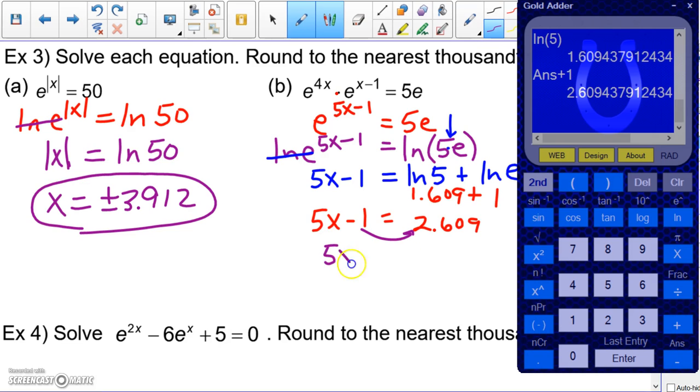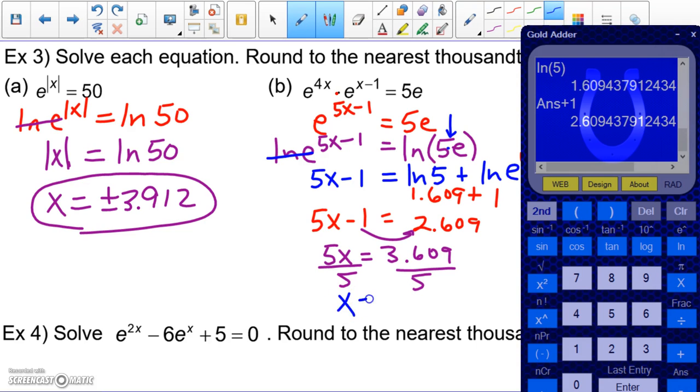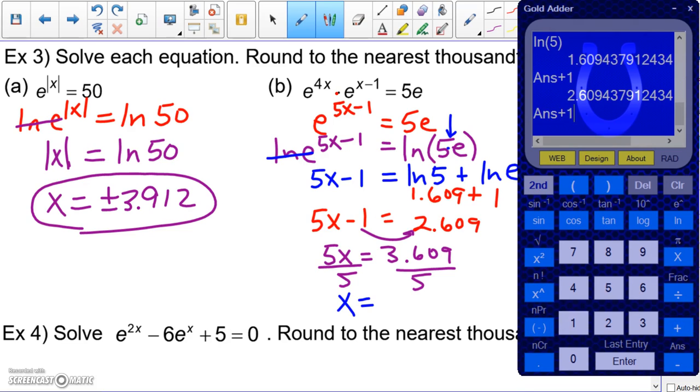Add the 1 over, divide by 5, so 3.609, and I'm leaving this in the calculator so I don't have to round. Divide by 5, 0.722. x is approximately 0.722.